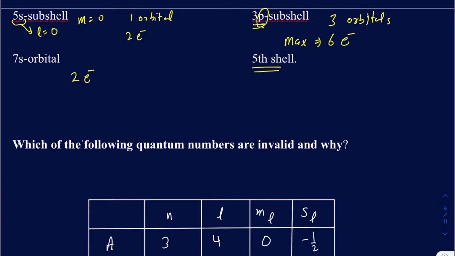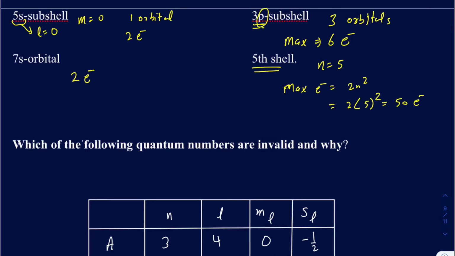Now, the 5th shell. We're going back to the shells here, so the n value is 5. To find the max electrons, I can use 2n squared, which is 2 times 5 squared, and that gives you a total of 50 electrons in the 5th shell.